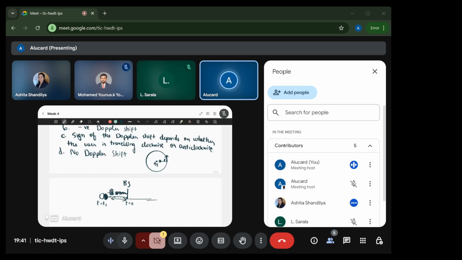When the user is moving away from the base station, the radio waves that are released take longer to reach him. So you can think of this as a kind of stretching because he is moving away. Think of these radio waves as a rubber band maybe, or a spring. When he is moving towards the base station, the spring is getting compressed.